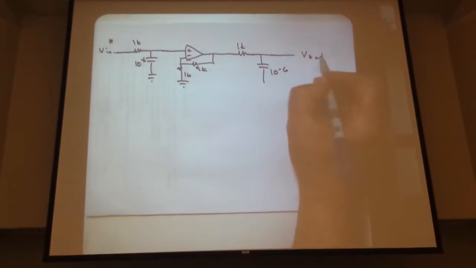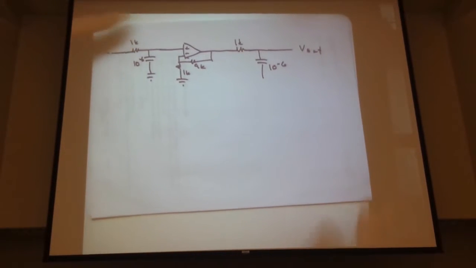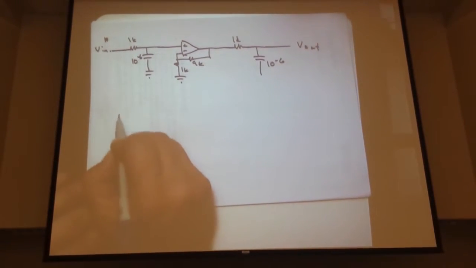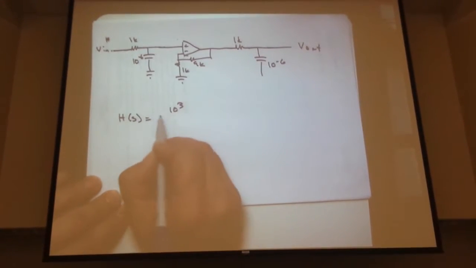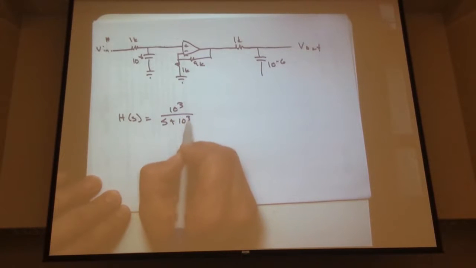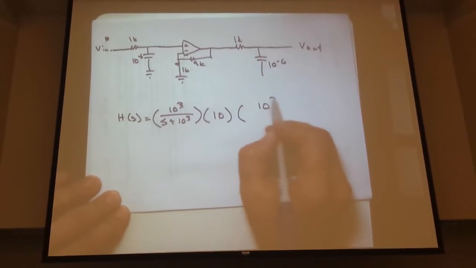So here's again a three-stage circuit, and we can do everything that we've done. We can find the transfer function, multiply it out, and find the Bode plots the way I've recommended. In this case, we should find that H of S is 10 to the 3 over S plus 10 to the 3, times the same thing.